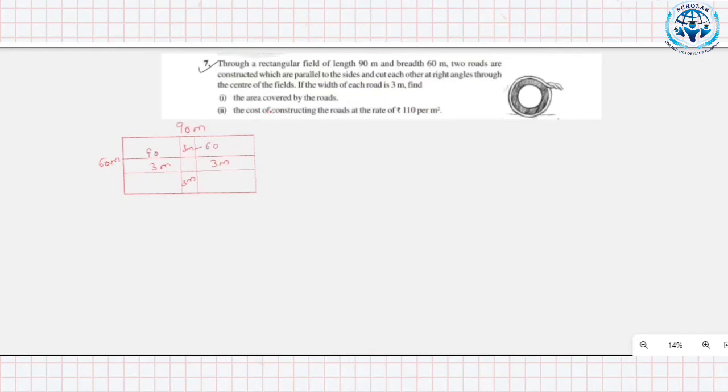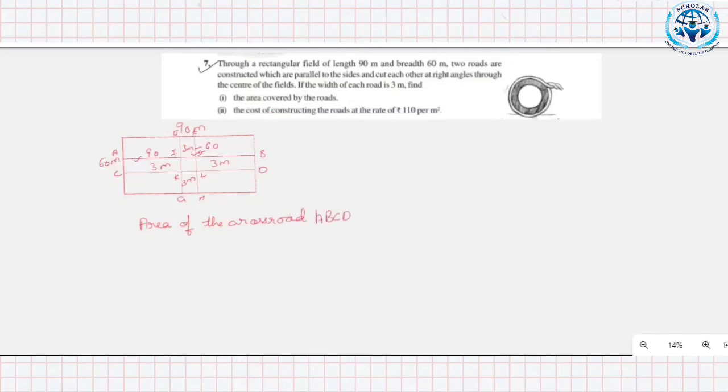In the same manner, the length of one road is 90 meter, the length of another road is 60 meter, and width or breadth is 3 meter each. So we can find out the area covered by the roads by multiplying length and breadth of each road and then adding. Remember one thing, you have to subtract the common area.